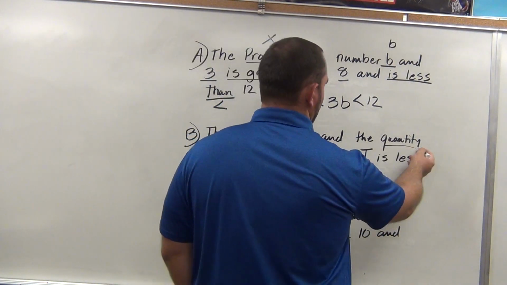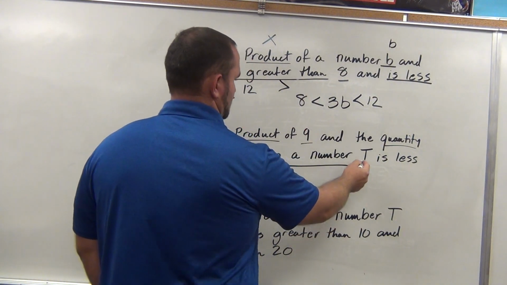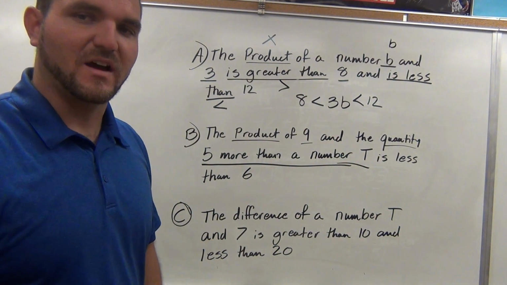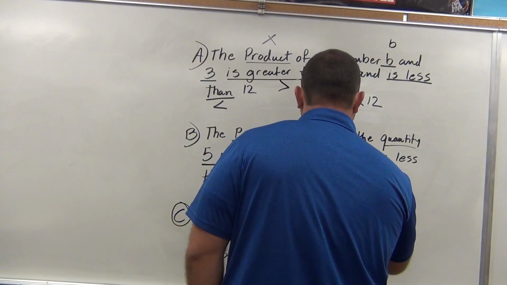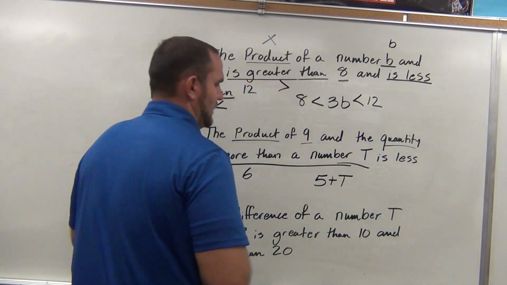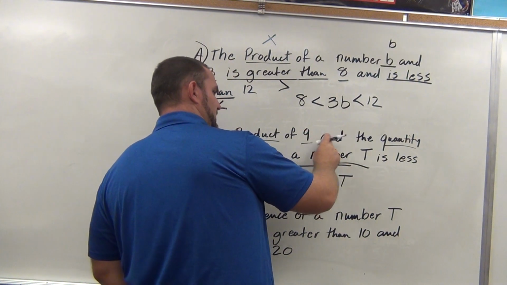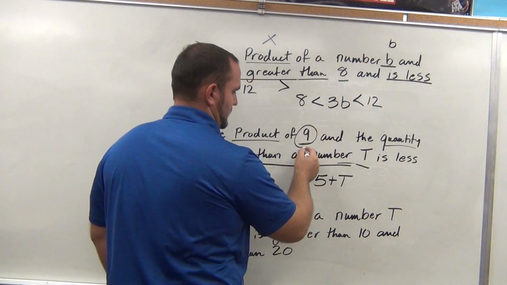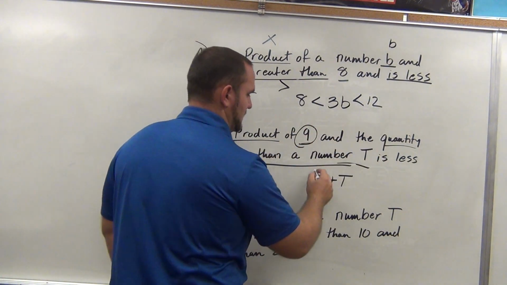The quantity of 5 more than a number, t. So 5 more than would be 5 plus t. And now you're going to multiply this piece by 9. So the product of 9 times 5 more than t.